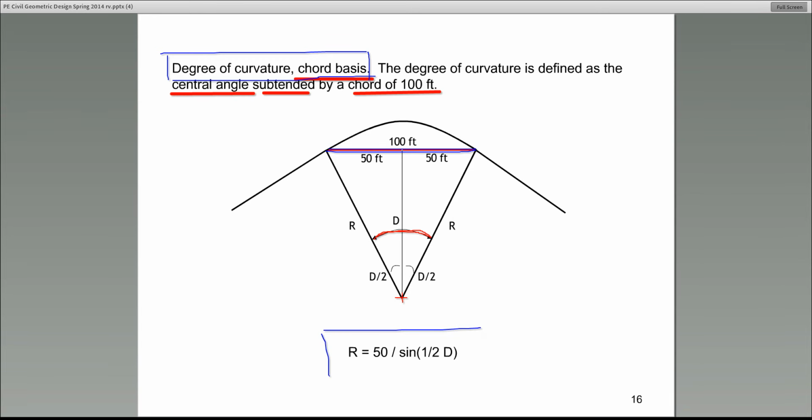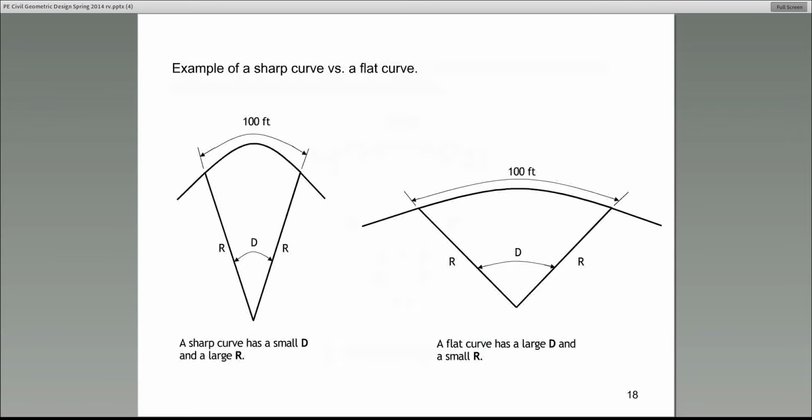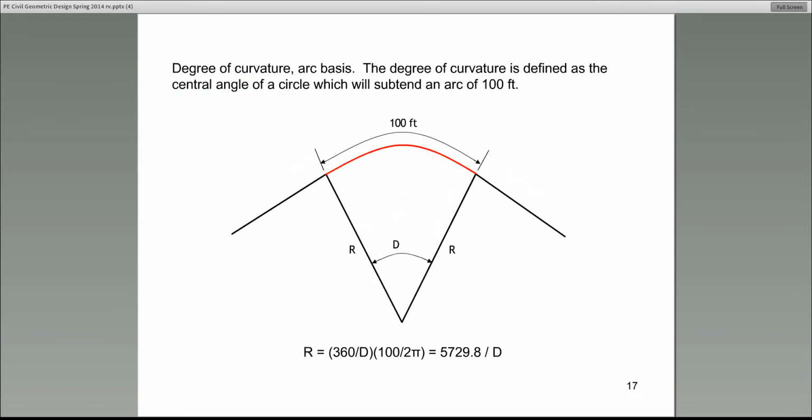At the very bottom of this equation, I have repeated the equation that gives the relationship between the radius and the degree of curvature in terms of chord basis. Now let's move on. Slide number 17. This gives us the definition for the degree of curvature on the arc basis. All right, degree of curvature on the arc basis.